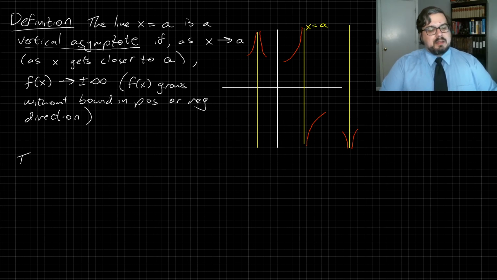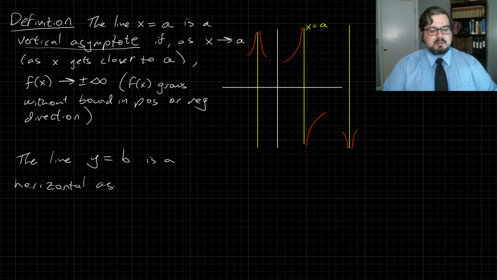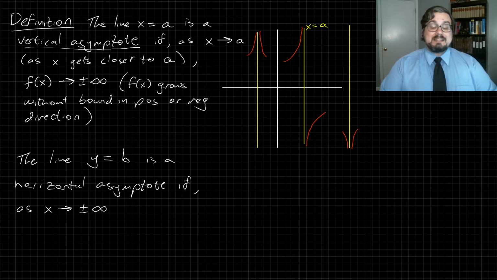Now, talking about horizontal asymptotes, the line y equals b is a horizontal asymptote if, as x goes to plus or minus infinity, that is, we're basically looking at the end behavior, f of x goes to b.